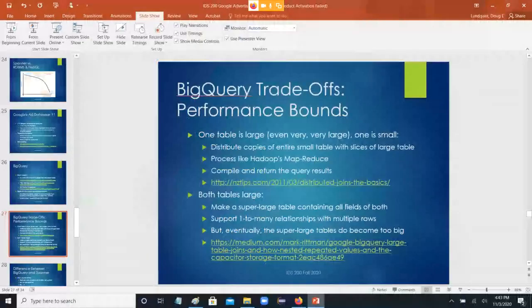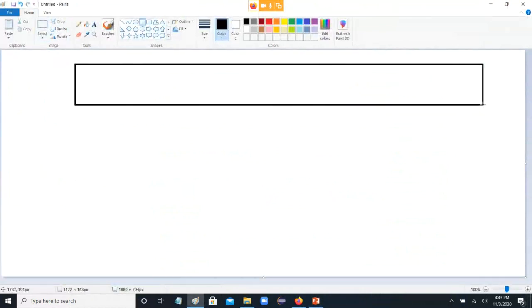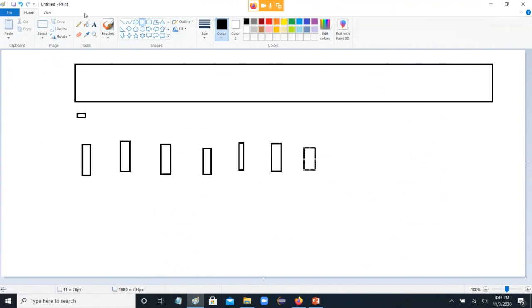So the basic process, the way this would work, again, with Hadoop, MapReduce, whatever, would be something like Google has this massive set of data and a stubby bit of data. So this is our big table, this is the little one. Each of these gets broken into however many slices. The big table gets broken into slices, okay?